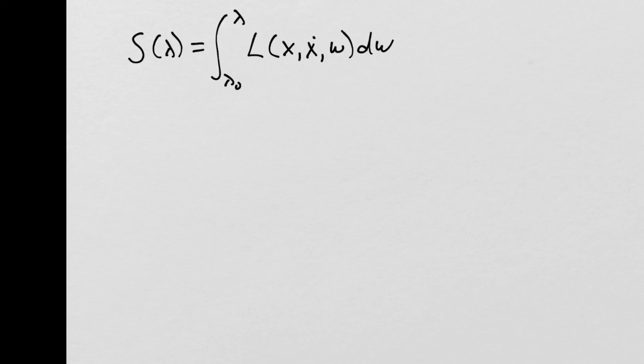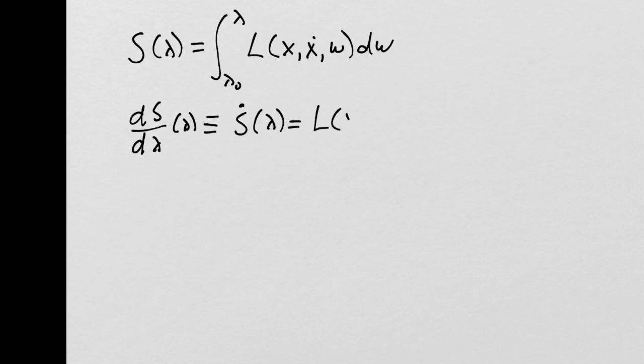But from the fundamental theorem, we know that ds d lambda, which is a function of lambda, which we will call s dot, is, by the fundamental theorem of calculus which we discussed in the last lecture, the integrand evaluated at lambda.